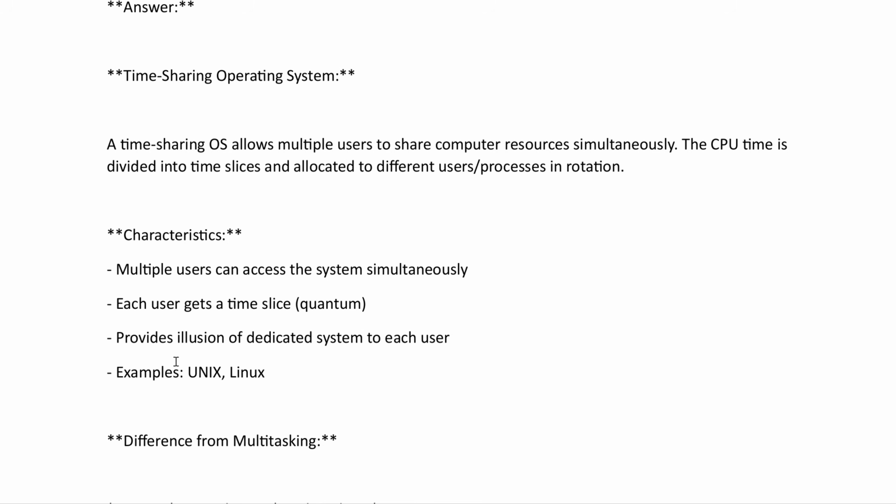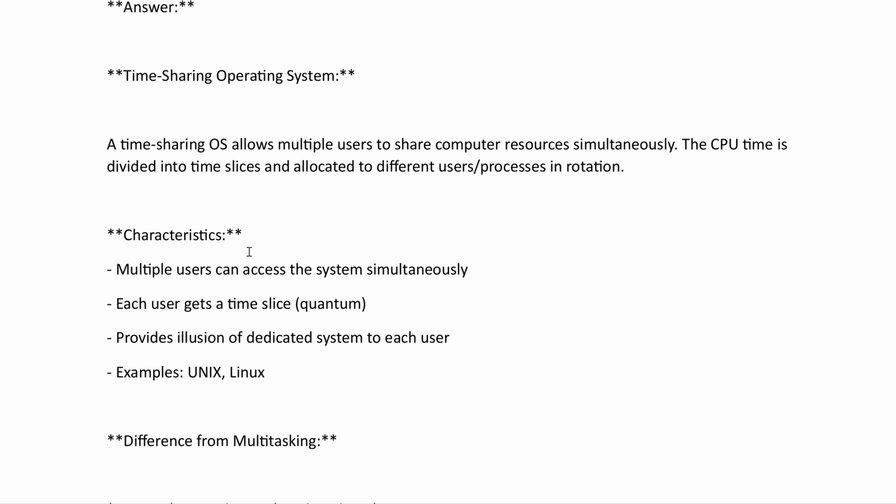as we have already seen in the round robin CPU scheduling algorithm. It also provides the illusion of a dedicated system to each user. So although multiple users are sharing a system, each user has the illusion that he or she is accessing a system dedicated to him or her.